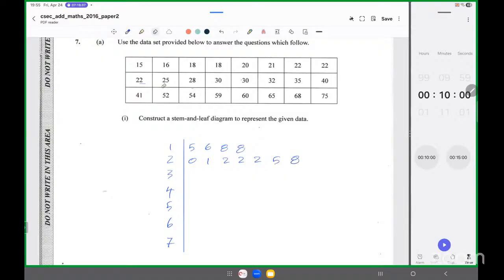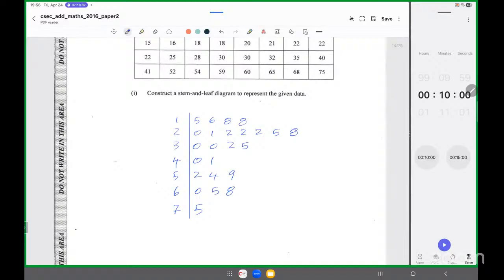The 30s now: 0, 0, 2, 5. Then the 40s: 0, 1. Then the 50s: 2, 4, 9. Then the 60s: 0, 5, 8. And then the 75 alone.